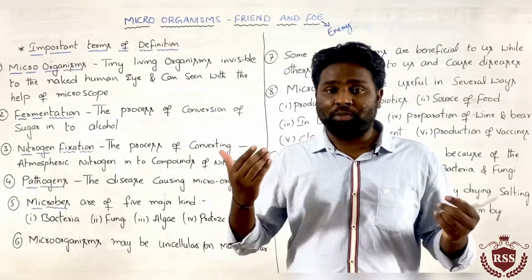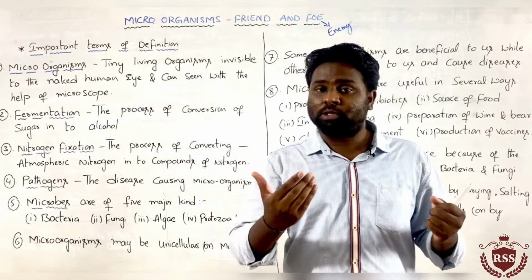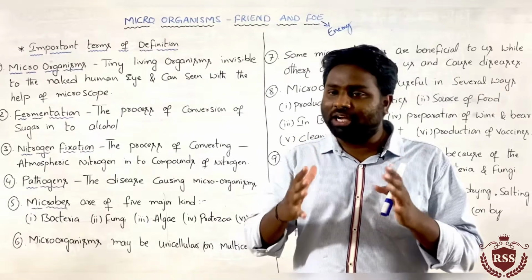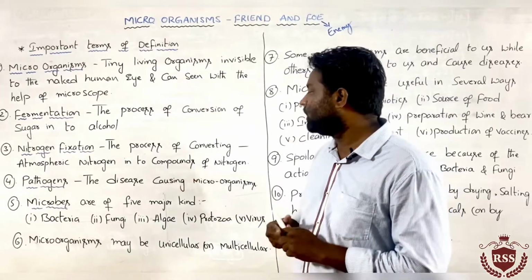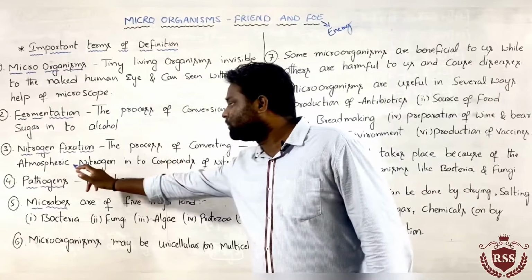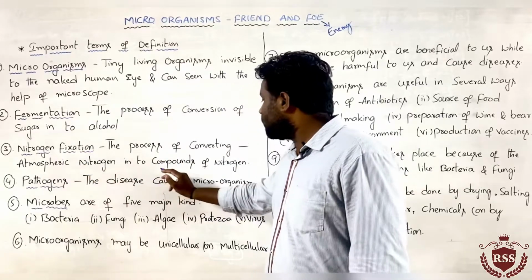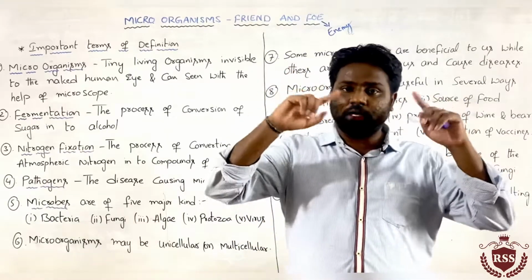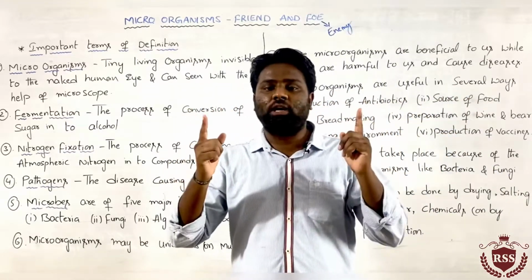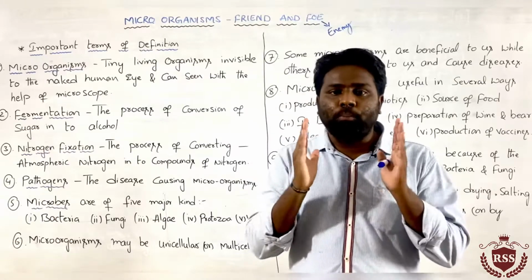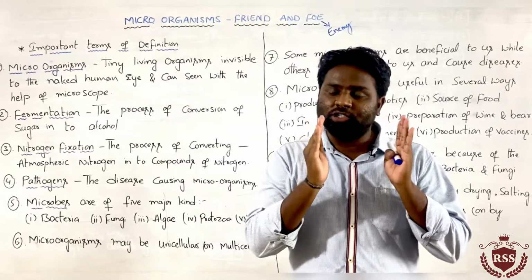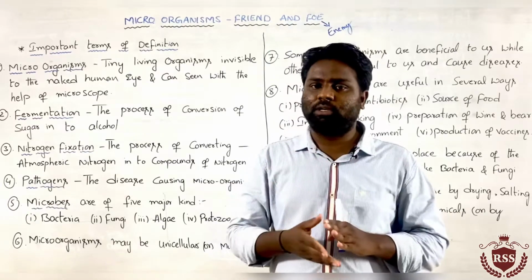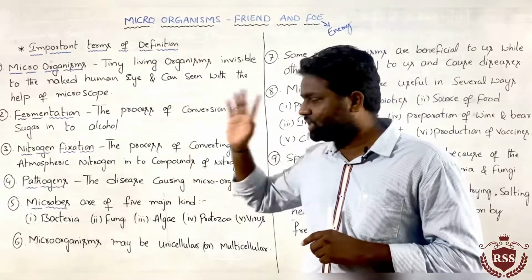The nitrogen in the atmosphere, we are converting into a solid material, that is called a compound of nitrogen. Converting atmospheric nitrogen into compounds of nitrogen, that means into a solid material useful for various purposes. That is called nitrogen fixation.